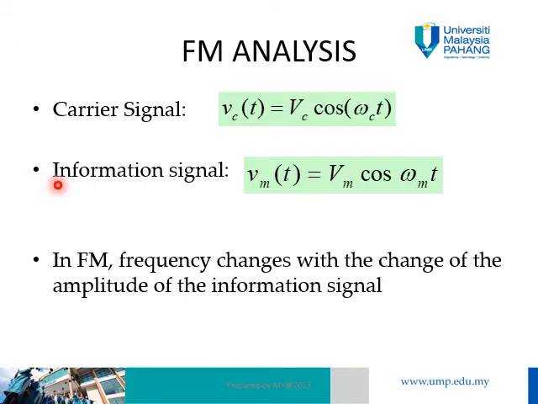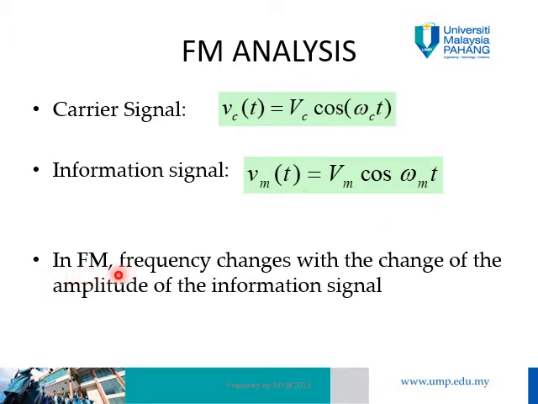Likewise, we have the information signal, also known as the modulating signal, Vm(t) equals Vm cos omega m t. Vm is the maximum amplitude of the modulating signal, and omega m is the frequency of the modulating signal, where omega is 2 pi f.